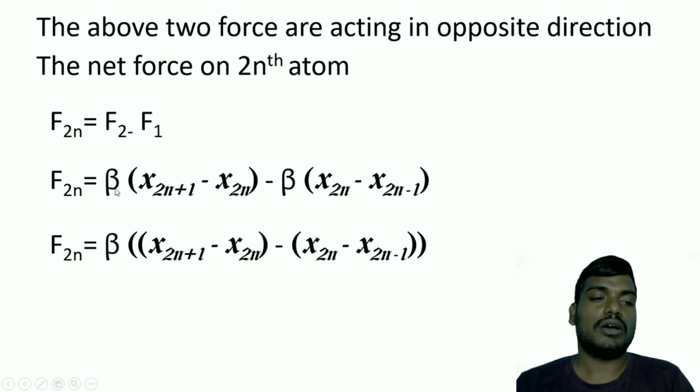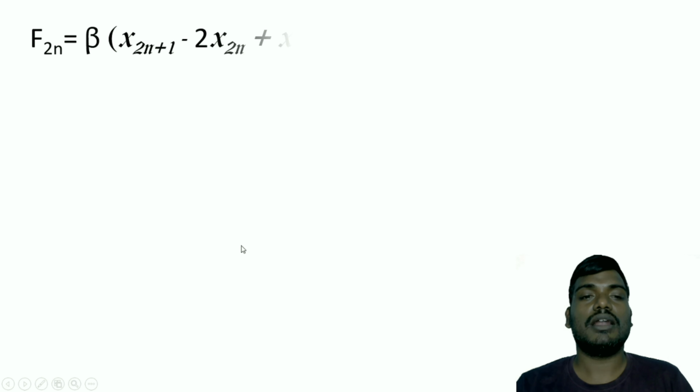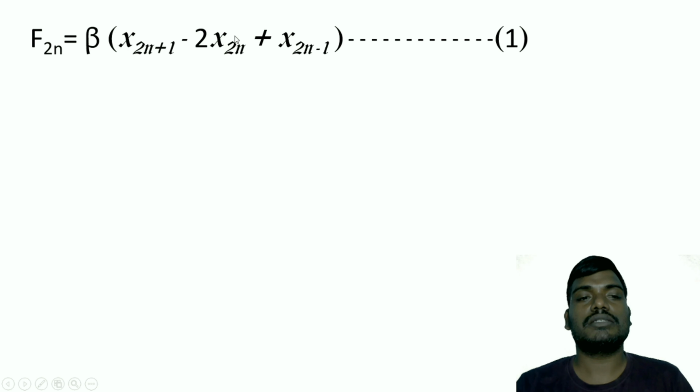Taking beta common, F2n equals beta into x2n plus 1 minus x2n minus x2n plus x2n minus 1. So the last value is F2n equal to beta into x2n plus 1 minus 2x2n plus x2n minus 1. This equation is named 1.